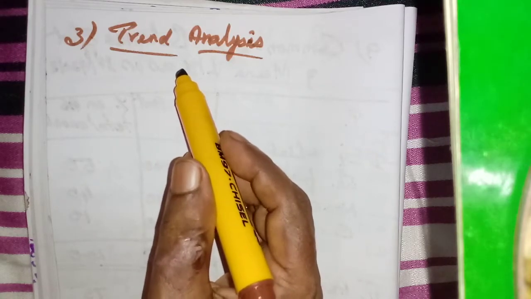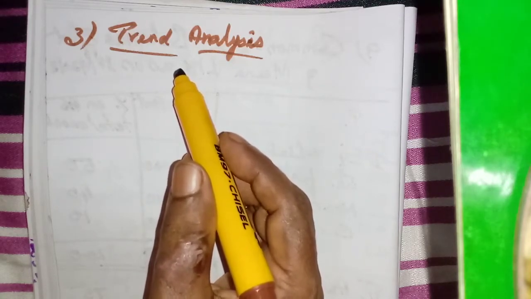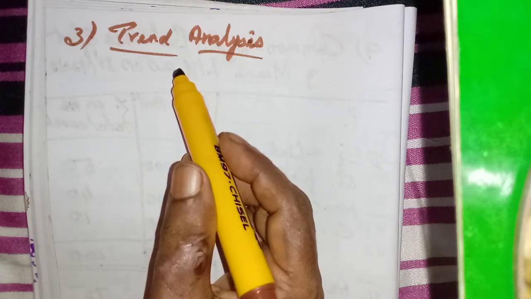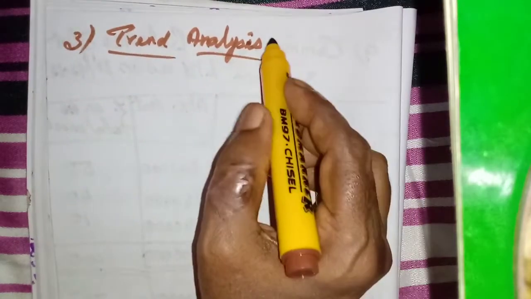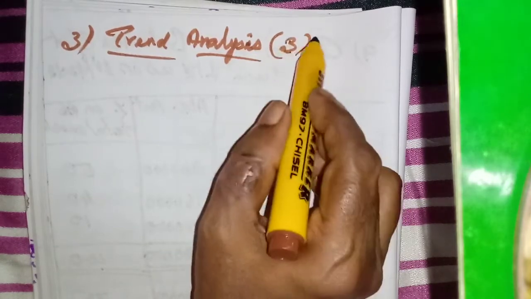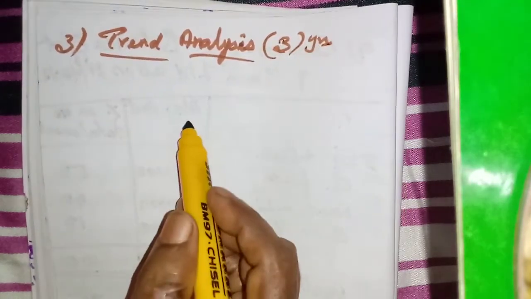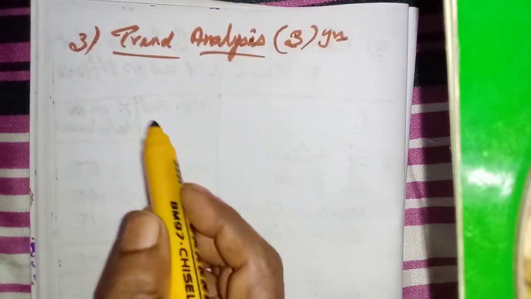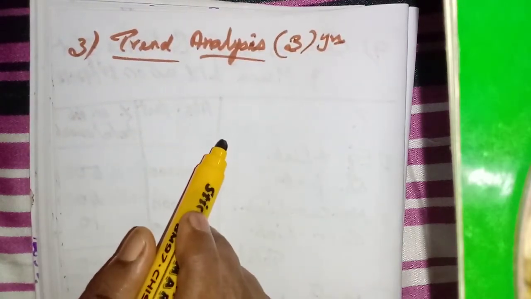That is called trend analysis. Here they will take not one year, at least 2 or 3 years. Only then we can say whether it is an increasing or decreasing trend, isn't it?